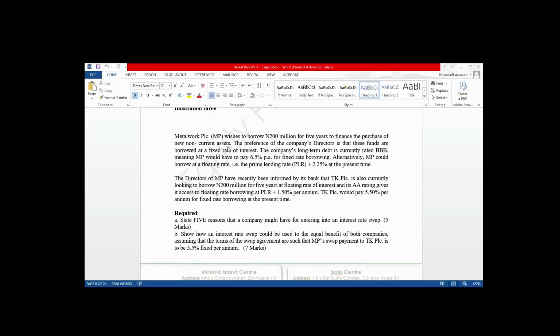The directors of Metalwork PLC have recently been informed by its bank that TKPSC is also currently looking to borrow 200 million naira for 5 years at floating rates of interest, and its AA credit rating gives it access to floating rate borrowing at prime lending rate plus 1.5% per annum.